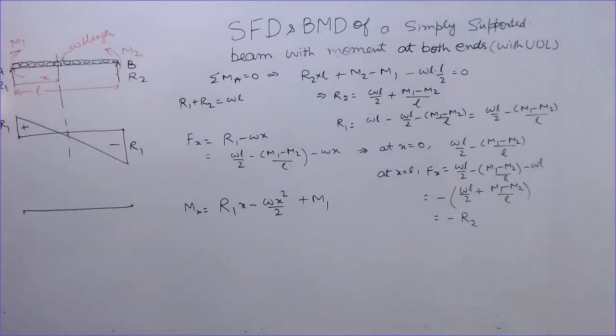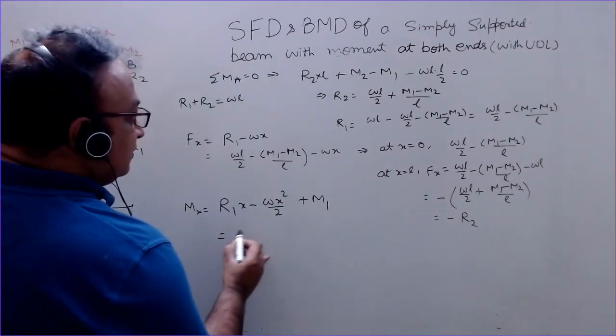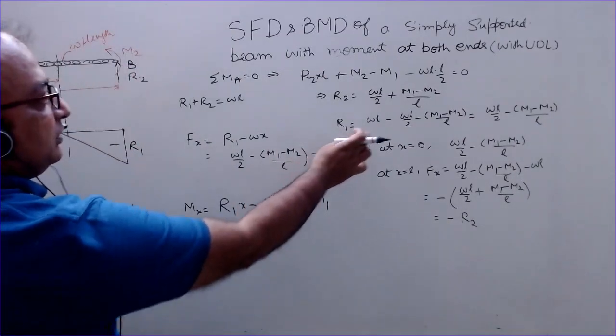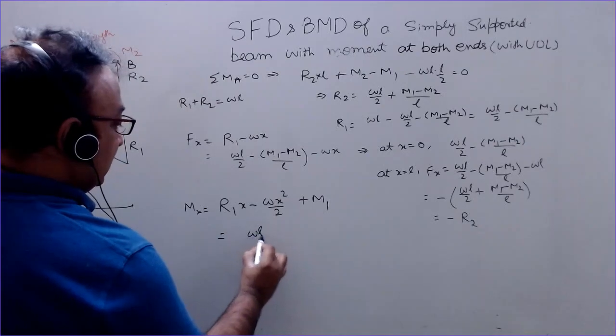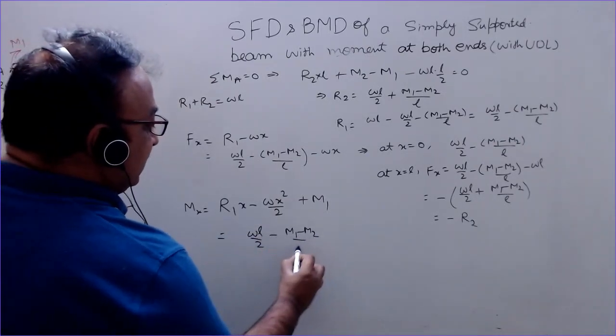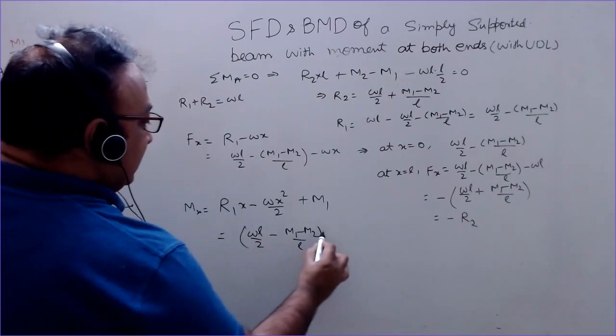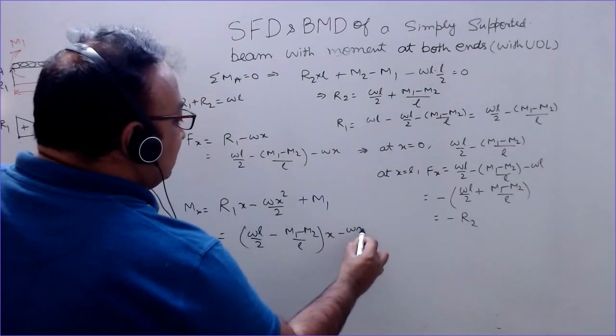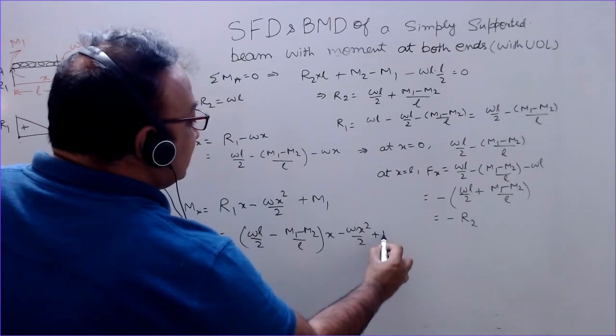So put the value here and find the bending moment. You will find that this diagram will be a parabola. R1 is WL by 2 minus (M1 minus M2) by L.